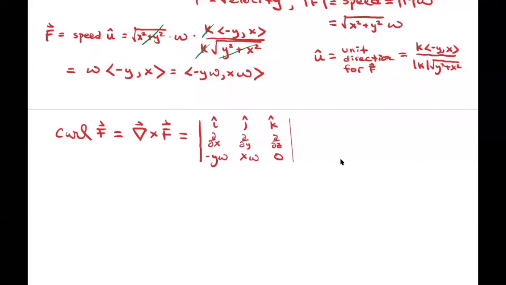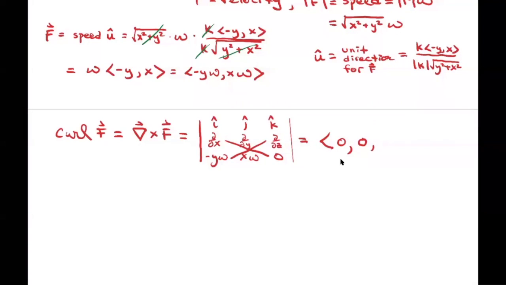Okay, like that. And here we go. For the i component, those are both 0, so you get a 0. For the j component, partial of 0 with respect to x is 0, partial of negative y omega with respect to z is 0, so it's 0 minus 0, change the sign, you get 0.